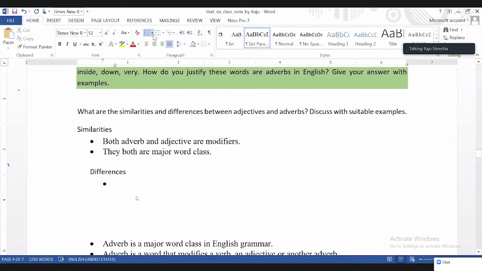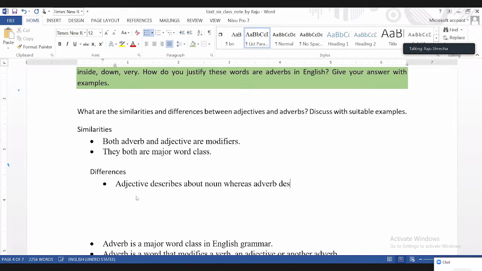Adjective describes about noun, noun को बारेमा गर्छ. Where is adverb?